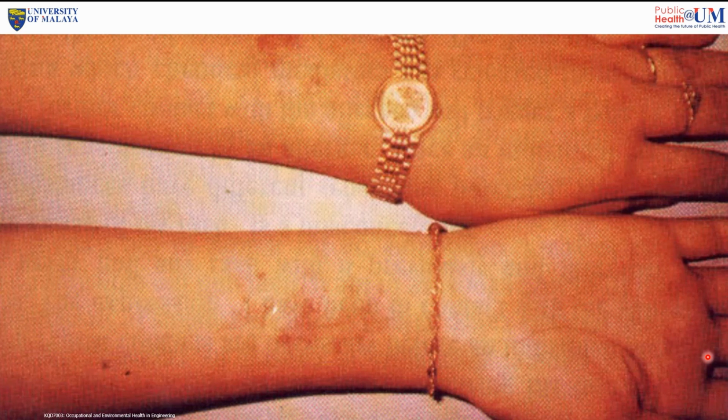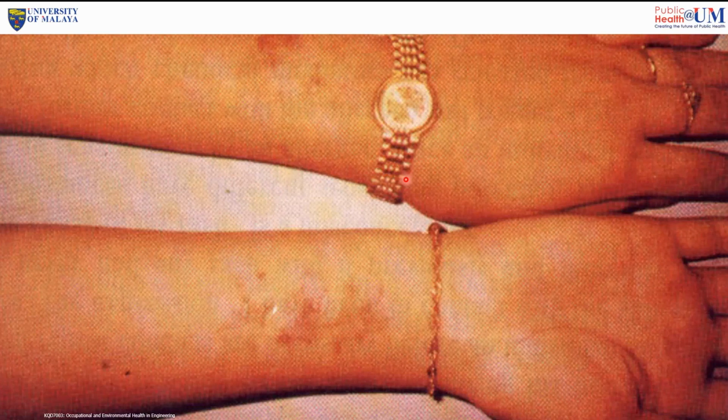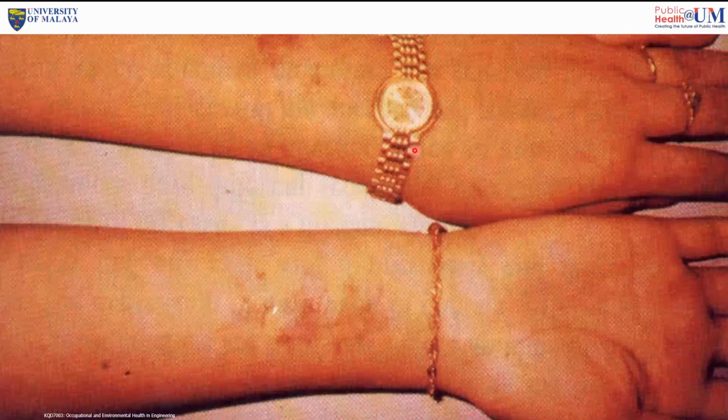So what you see here is basically exposure to nickel. This is contact dermatitis due to exposure to nickel. This lady is wearing costume jewelry. If you wear costume jewelry, you can be exposed to nickel. What's costume jewelry? Most jewelry, unless it's gold or silver.